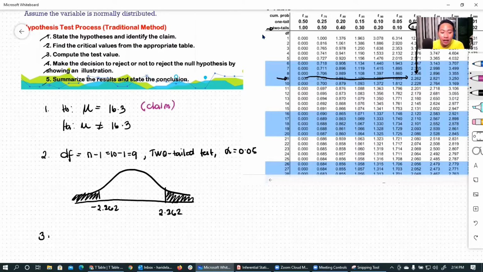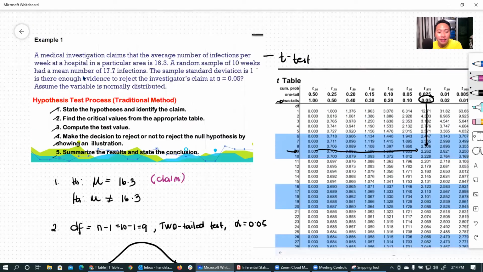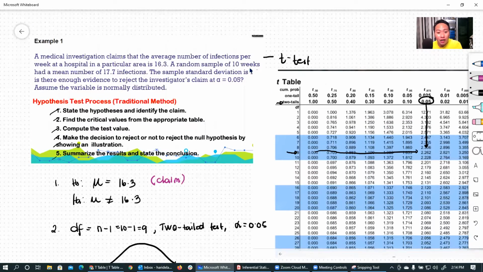Now let's work on computing the test value. The test value, guys, is given by the formula: sample mean minus population mean over sample standard deviation over square root of n. In the problem, we have a random sample of 10 weeks, so n equals 10, with a mean of 17.7.